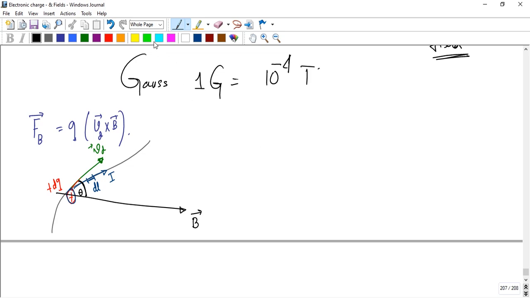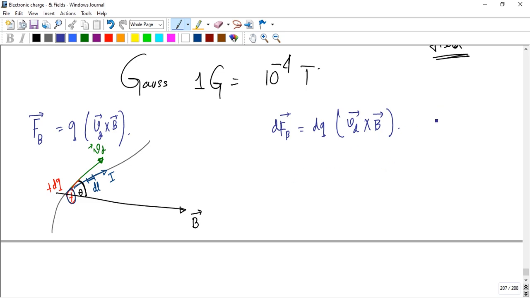Now the force dFB on the small charge dq, considering only a proton, is dq times drift velocity cross magnetic field B.